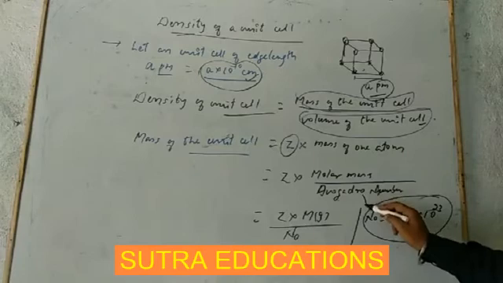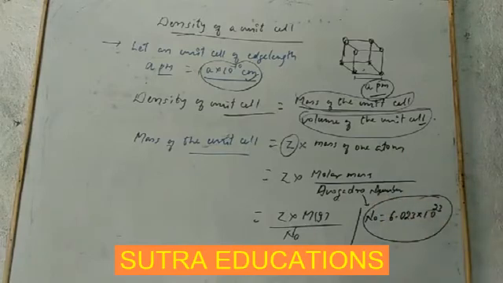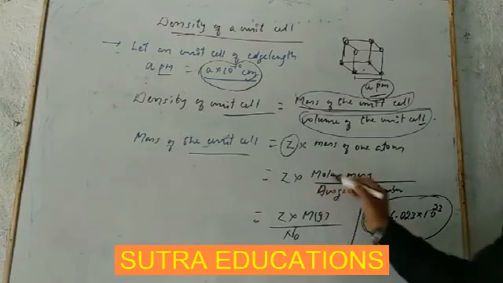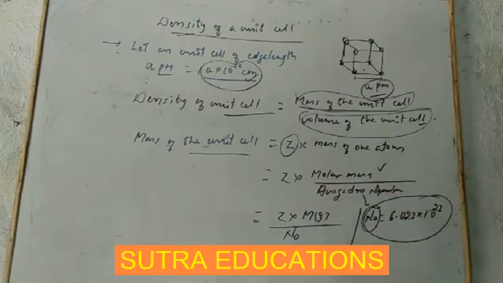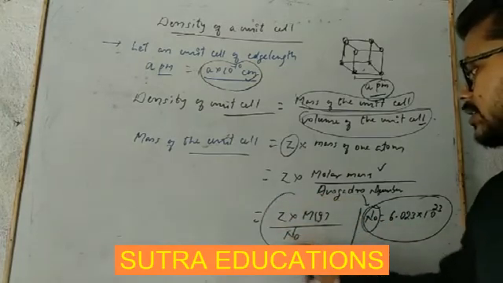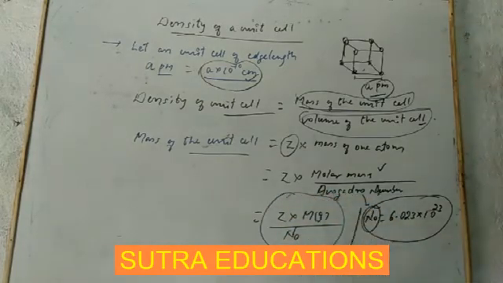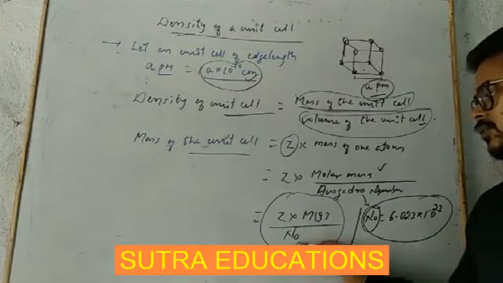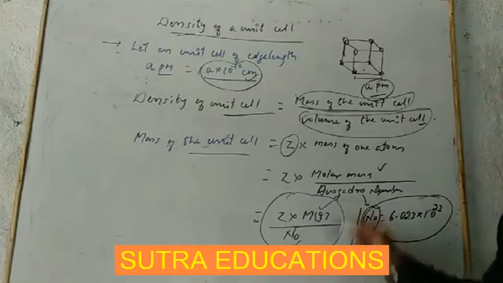Avogadro number is equal to 6.023 into 10 to the power 23, and it is denoted as N0. So mass of atom will be molar mass upon Avogadro number, molar mass m gram and Avogadro number n0. So mass of unit cell came out to be Z into m upon n0, where n0 is Avogadro number and m is molar mass.